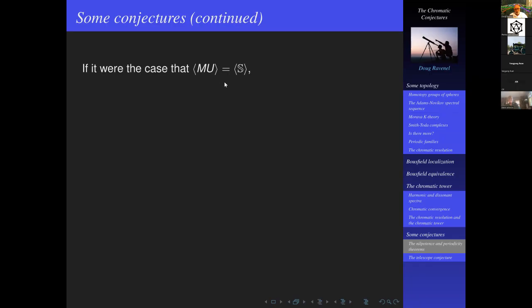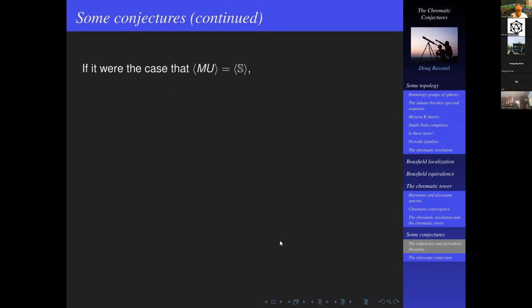Okay, now, one thing I figured out in the late 70s: if it were the case that the Bousfield class of MU was the same as the Bousfield class of the sphere, then the theorem I just mentioned would follow automatically.